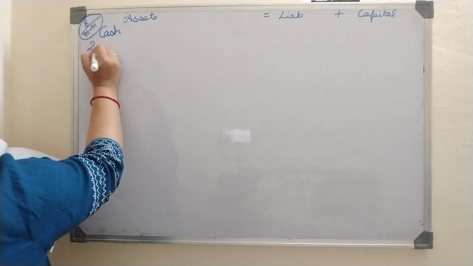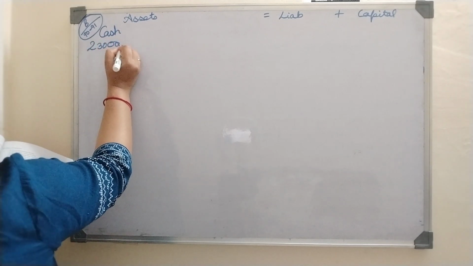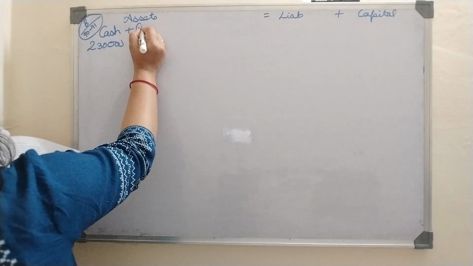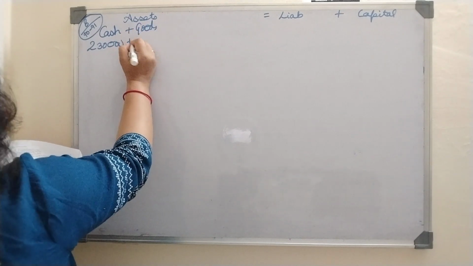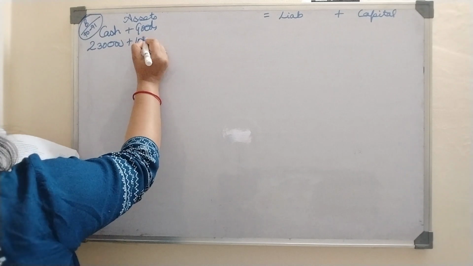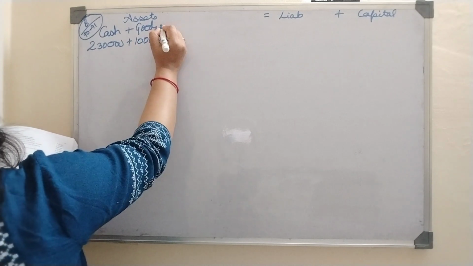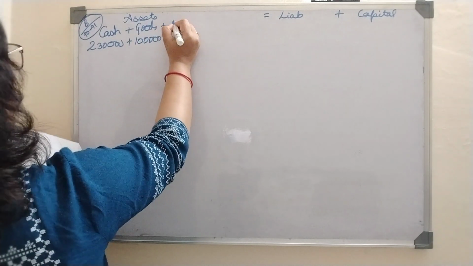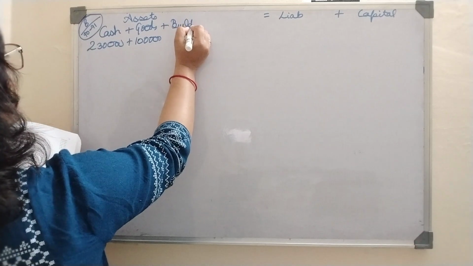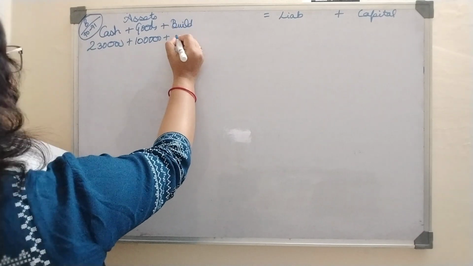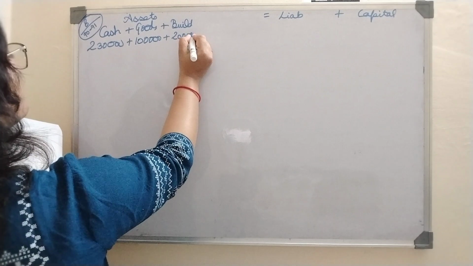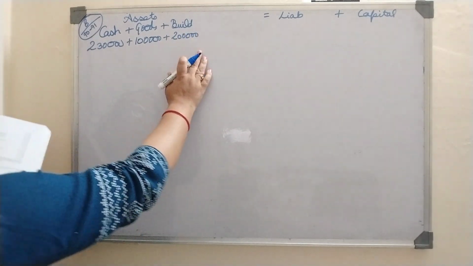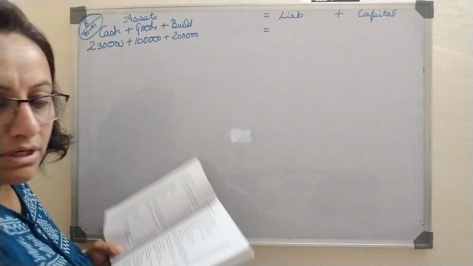So cash is 2,30,000, goods 1 lakh, then building is 2 lakhs. So the total of all these 3 is our capital.